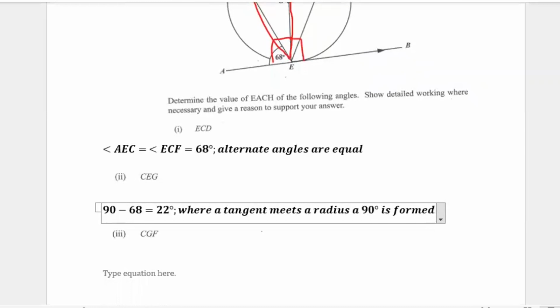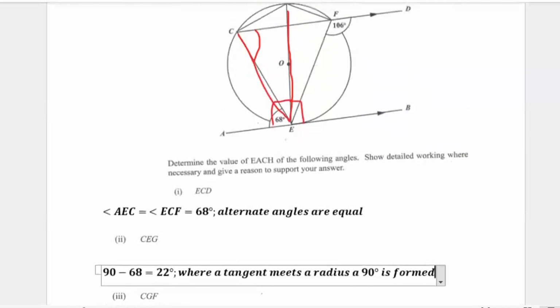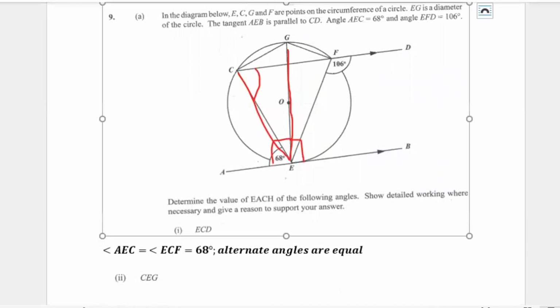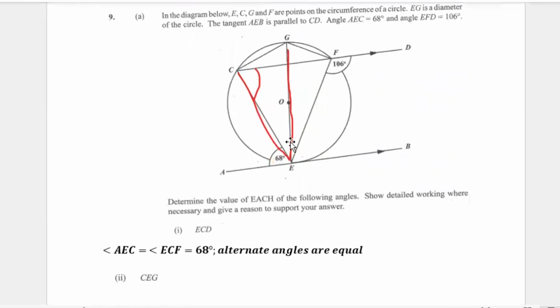Part 3 now, they want us to find CGF. All right, so what we know is that this right here is 68, and right here is 22.